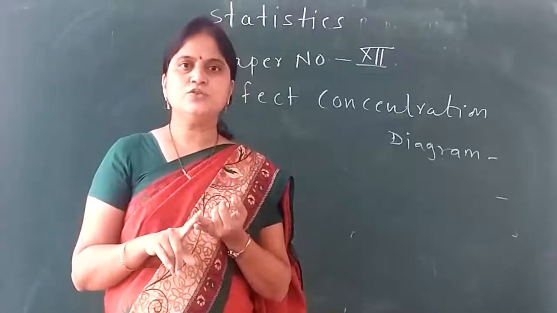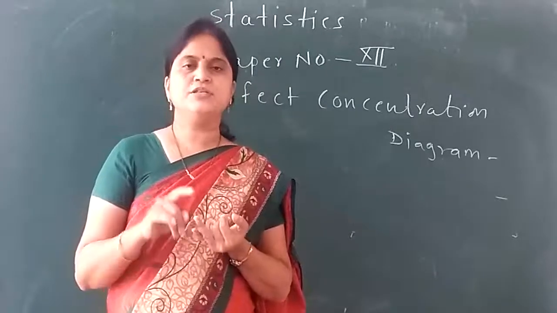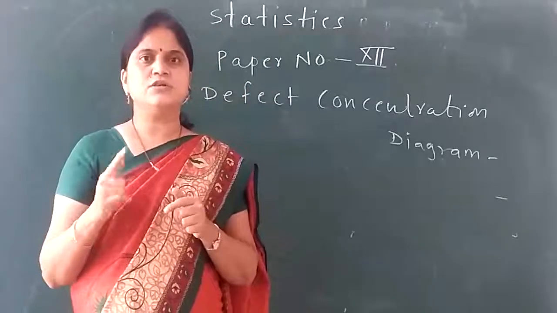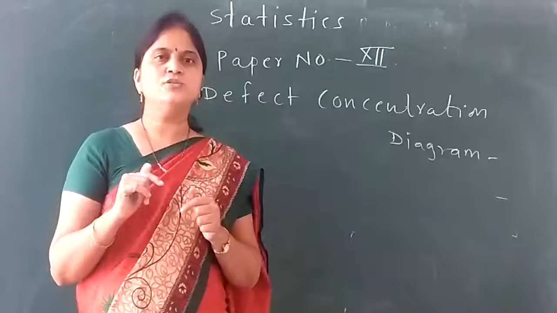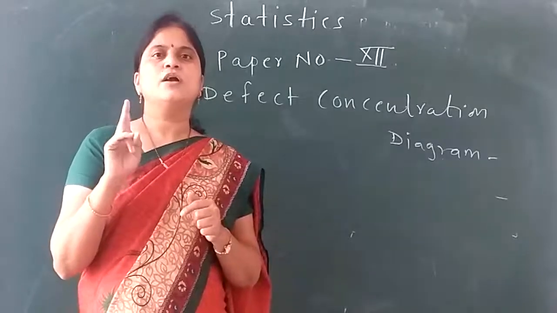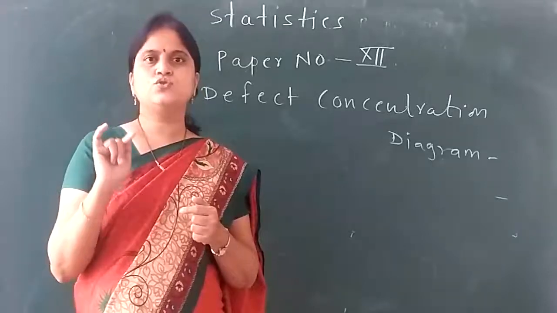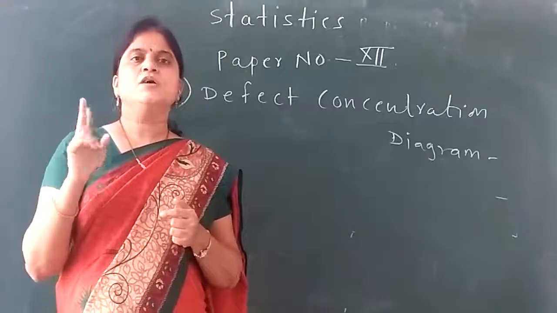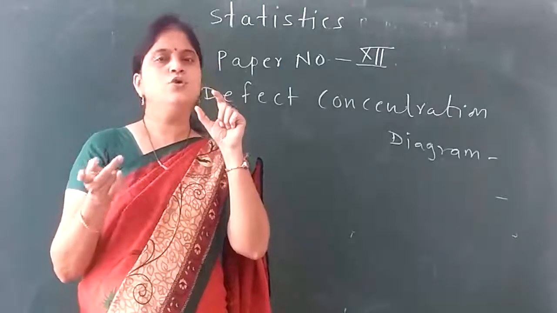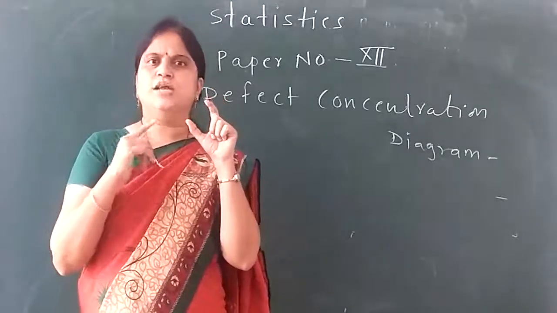The second SPC tool is the scatter diagram. In the scatter diagram, against the x-axis we plot x values, and against the y-axis we plot y values, and then we draw the points x1 with y1, x2 with y2. That is, corresponding points will be plotted. We cannot plot x1 and y2, or x1 and x2.